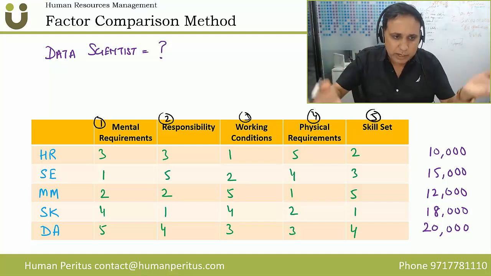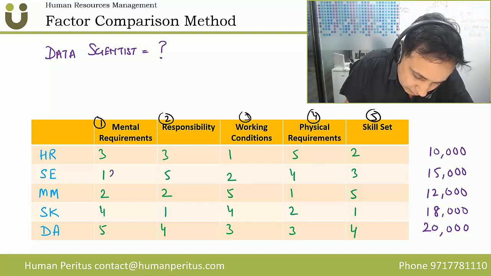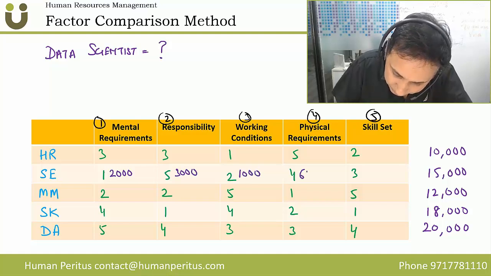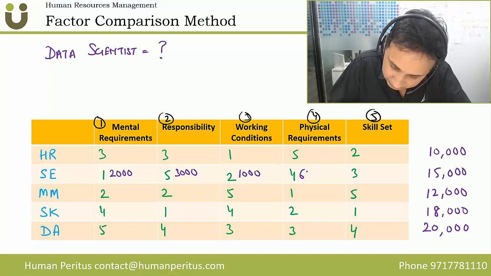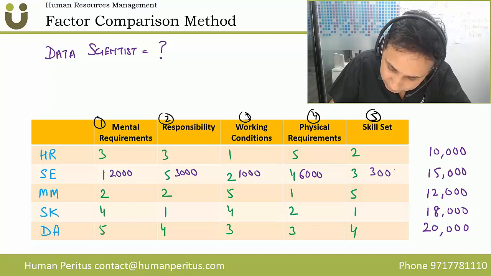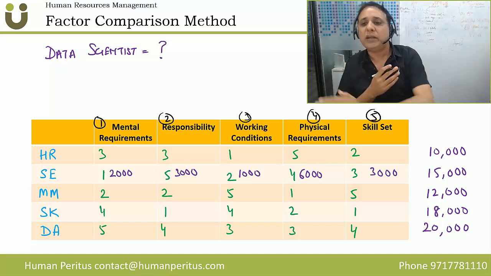Hypothetically, I allocate maybe 2,000, 3,000, 1,000, 6,000, and the remaining 3,000. So I have allocated 15,000 rupees into these 5 factors.